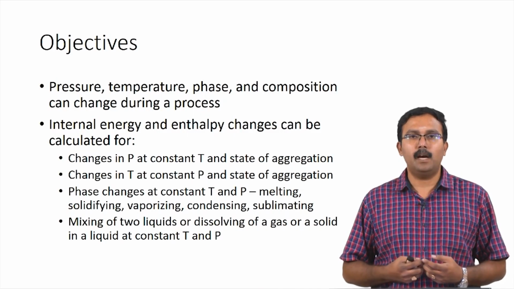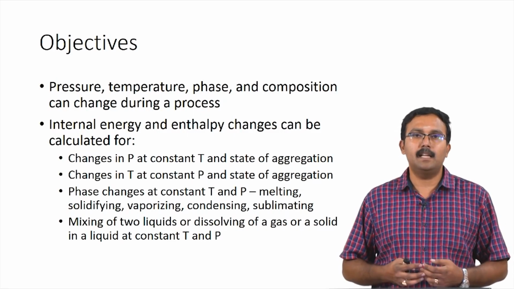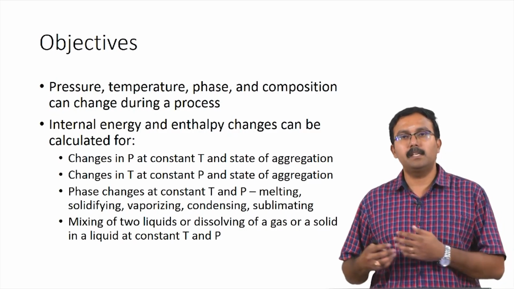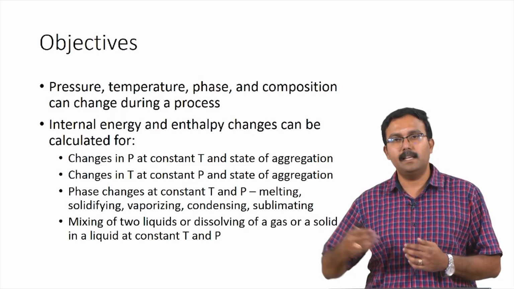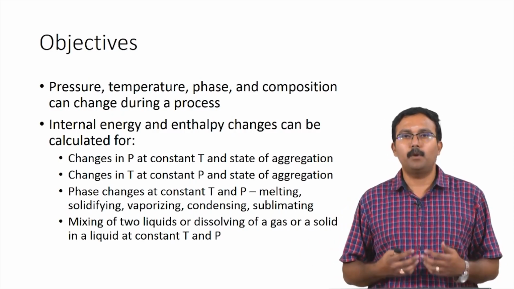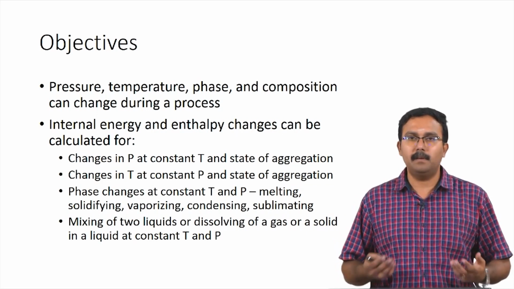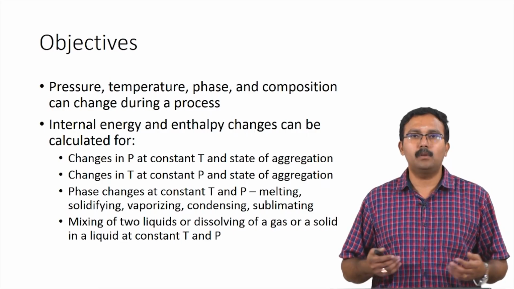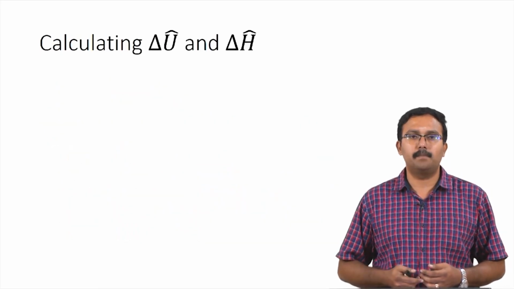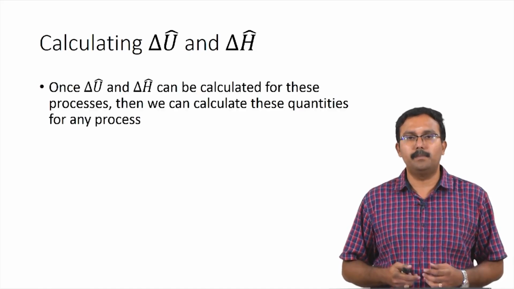For something like this to happen, it has to be a hypothetical case, because in real scenarios you would not have a step by step procedure where you would go from changing pressure first and then changing temperature. Usually processes are done in a way that both temperature and pressure will be changing simultaneously. So, in such scenarios, how do we actually calculate the change in internal energy and enthalpy? So, we will look at how the procedure for calculating these would be.